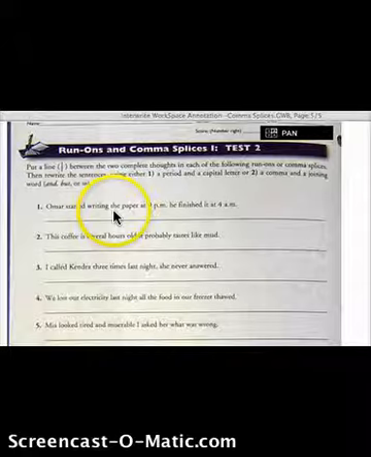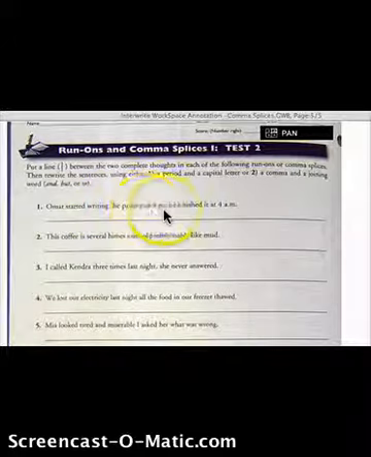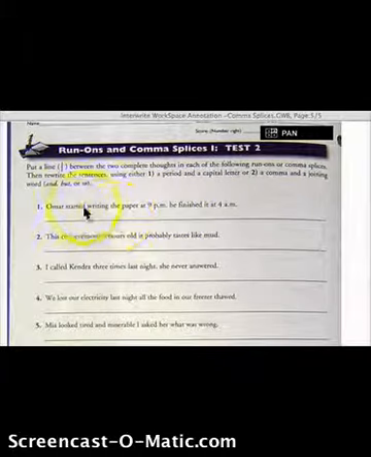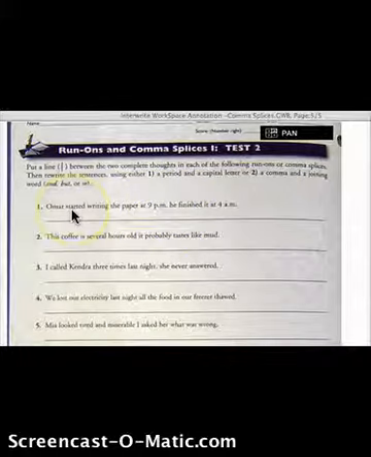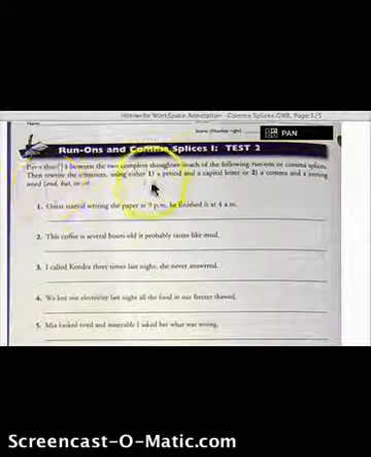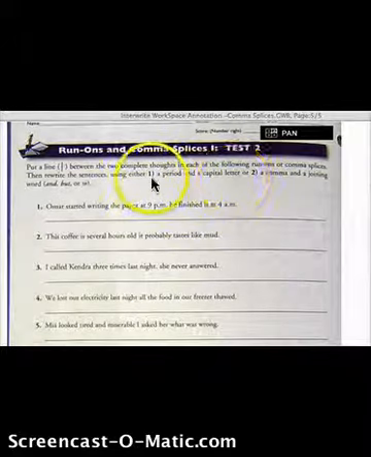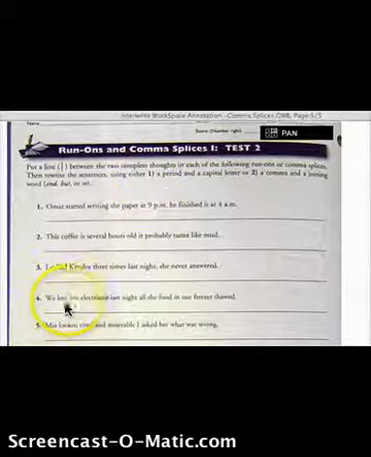Omar started writing the paper at 9 p.m. Capitalize the H on he. He finished it at 4 a.m. Your assignment is to go ahead and do 2 through 10. Once again, please do not use the same method all the way through the assignment. Use both methods, 1 and 2.